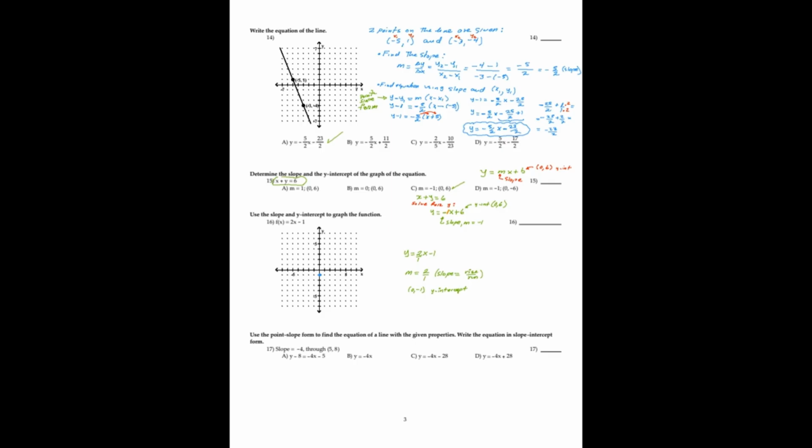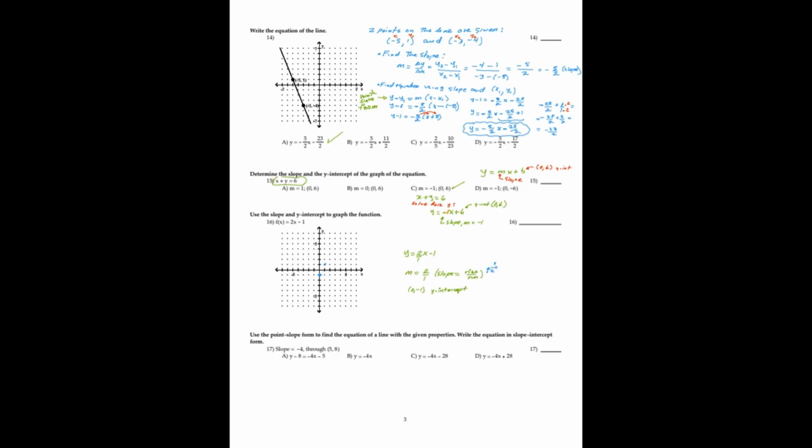So that means that I will go 2 units up, and the run is just horizontally, 1 unit to the right. And like that, I can go again, 2 up, 1 to the right, 2 up, 1 to the right. My next point is over here.